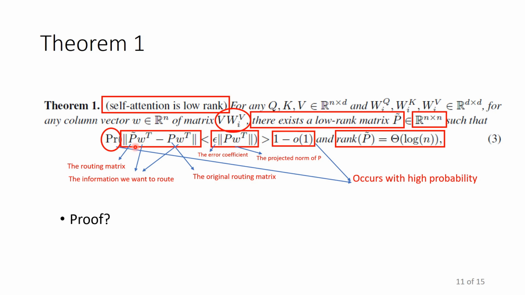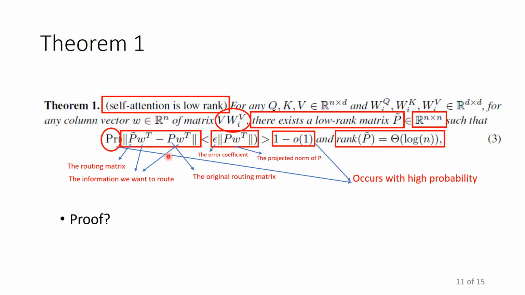So that means P tilde is actually a really good approximation of the original matrix P, because the distance is so close, and this happens with high probability. So this is their first theorem.